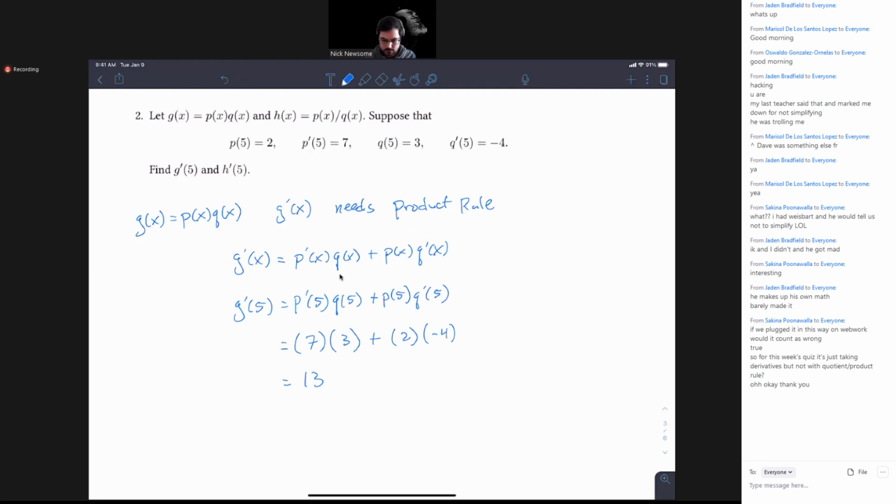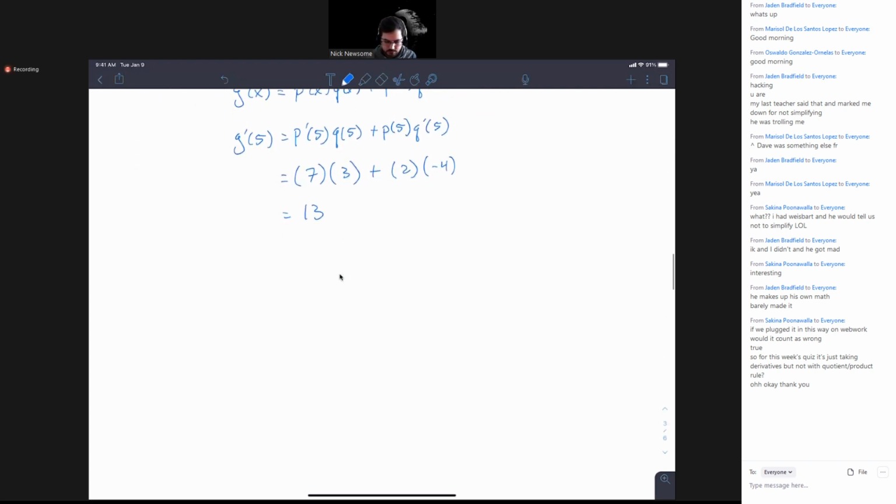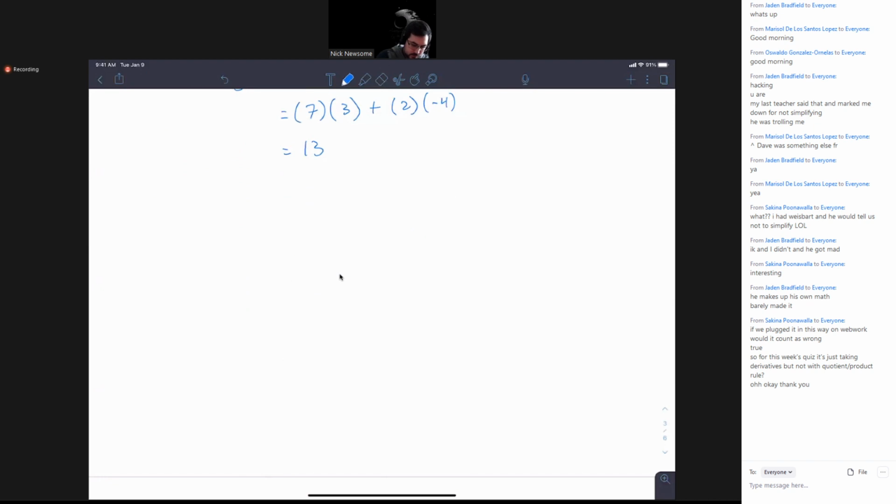All right, now let's do the quotient. So h of x is p of x divided by q of x. So to take the derivative, we need quotient rule.